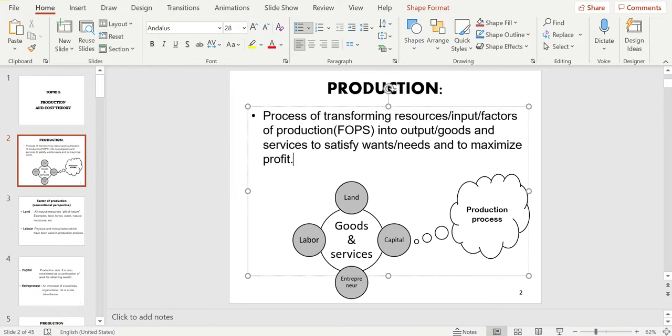So the main objective of a producer is to gain profit, but at the same time they must produce something that is needed by the buyer.